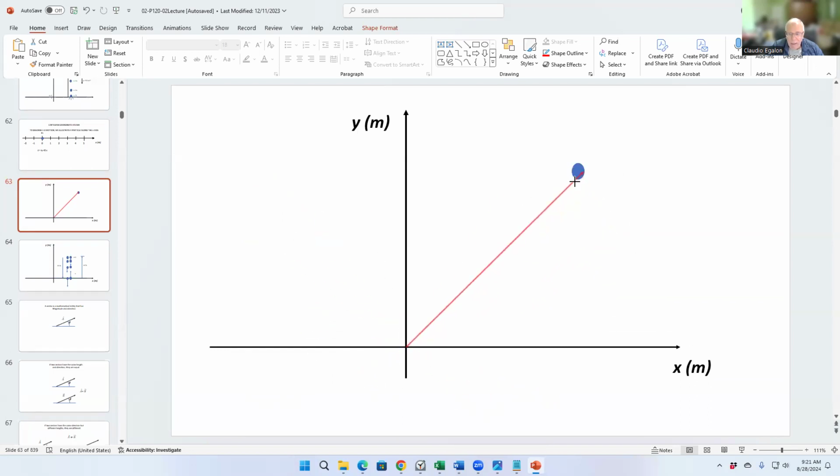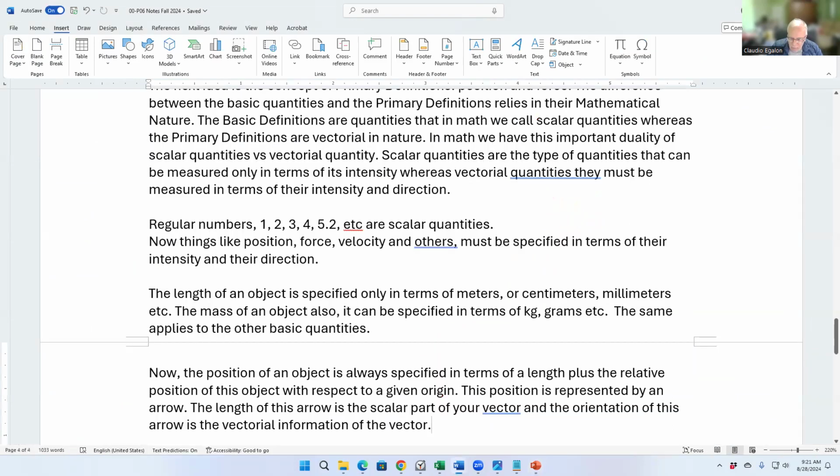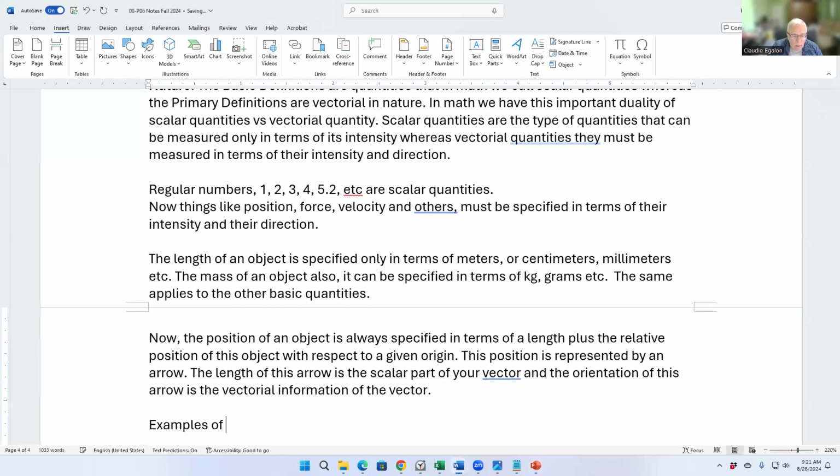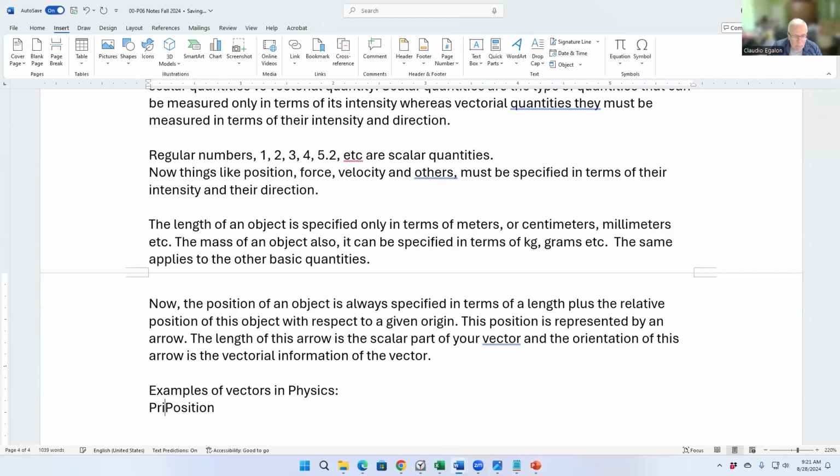Examples of vectors in physics. Okay, position. I already mentioned that to you. Those are primary definitions, right?